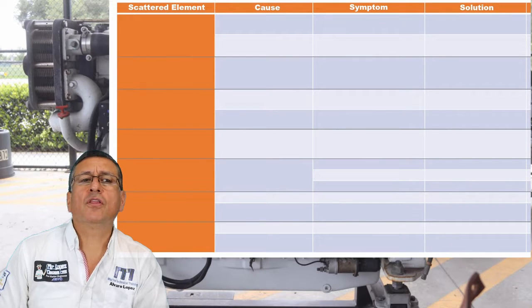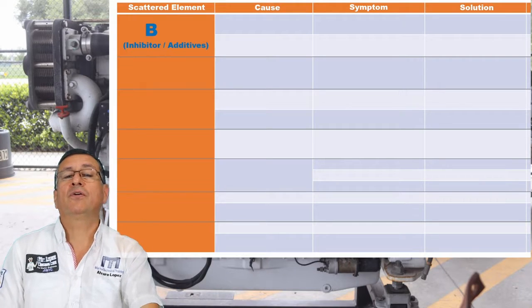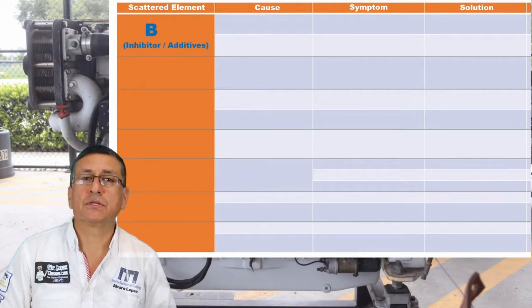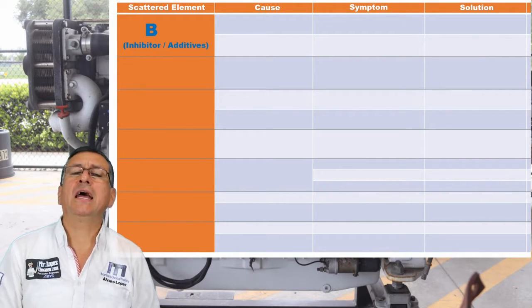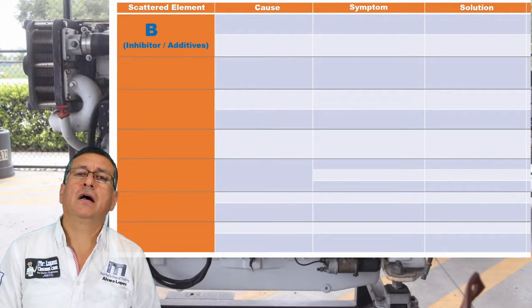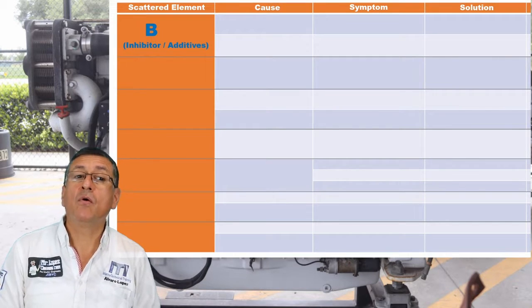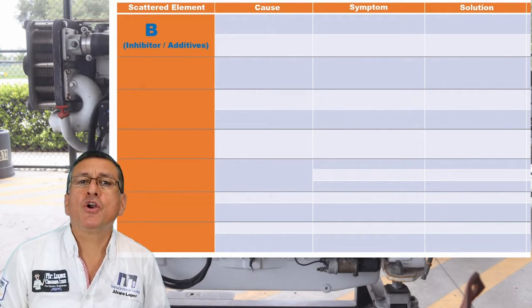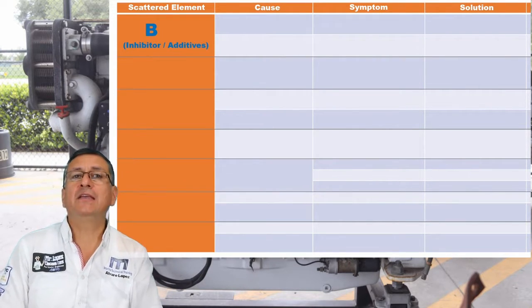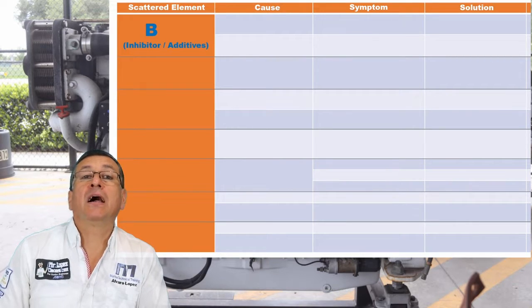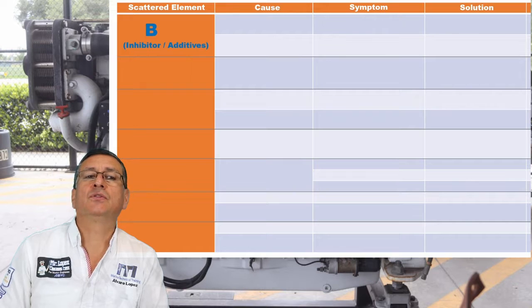Okay, my friends, other element that we are going to analyze right now, we are going to start with the inhibitors. Inhibitors and additives, both of them. And I mark those elements in blue color. What happened with barium? Barium normally is part of the coolant. It's one of the additives normally added to the coolant.